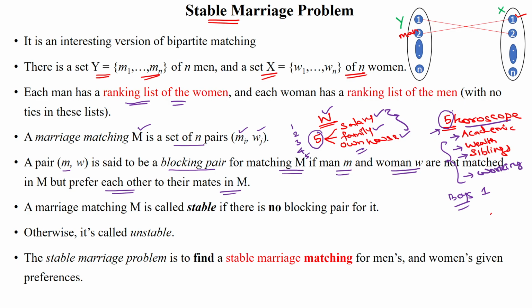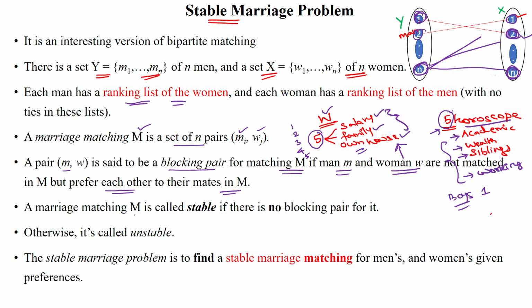That means even though they are not matched, for example here you see one is matched with the two, and the second person is matching with the first person, but n is not matched with anyone in the man group, and also in the girls group n is not matched, then it is called a blocking pair. Even though it is not matching with anyone, n can select anyone from this list based upon the given factors. So that is called a blocking pair.